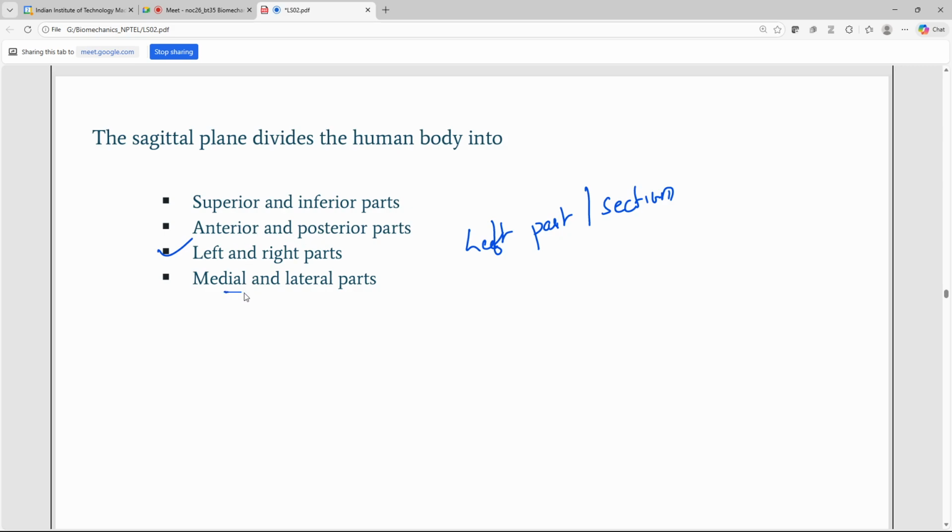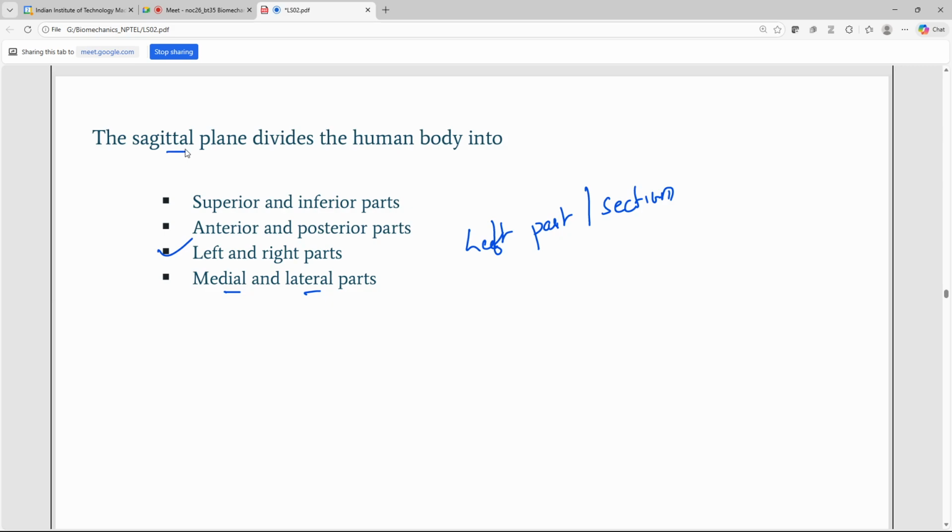But medial and lateral is kind of direction. So how to move relative to the particular plane, or the relative positions, can be expressed using the terms medial and lateral. It is not convention to say medial part or lateral part, because for that we can only say if the sagittal plane is fixed. I already told you we can have many sagittal planes.